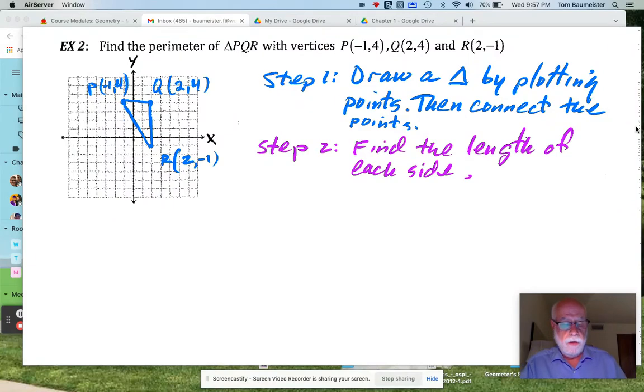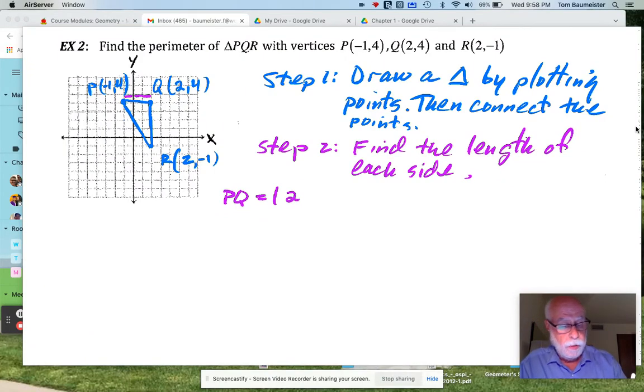All right, so now remember, if it's a horizontal line or a vertical line, you could always just count them. So if we did that, we would see that's 1, there's 2, that's 3. So PQ would equal 3, but remember, according to our formula, we would use the absolute value to find the distance. So I can say 2.